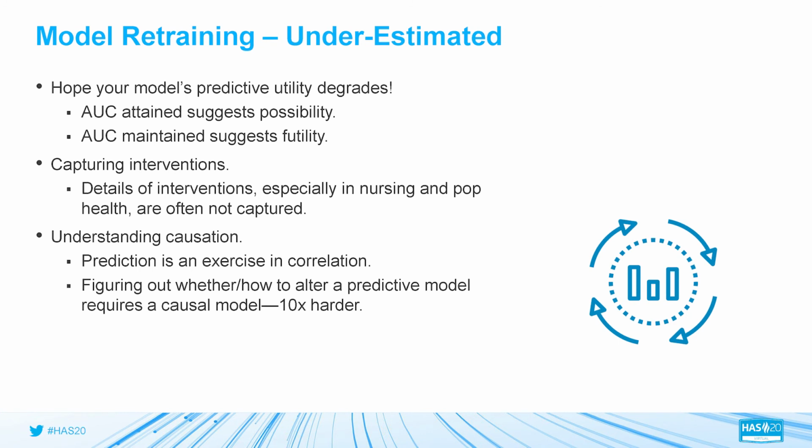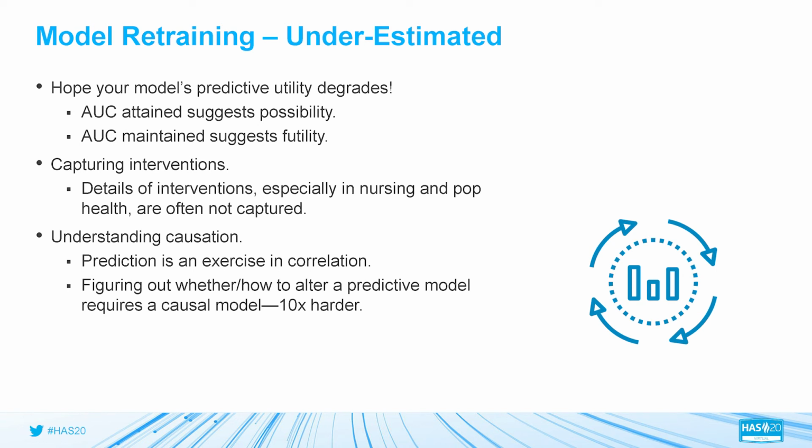The thing that we find most underestimated in terms of value is model retraining. And there are a couple of specific things to keep in mind here. The first thing to know is that you really hope that the predictive performance of your model gets terrible. Why would that be? The reason is that if your predictive performance is high before you start intervening, this is a good sign.